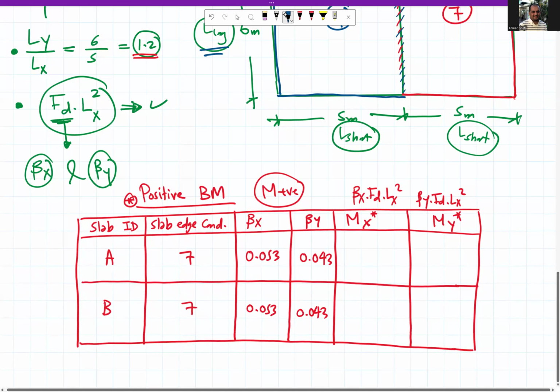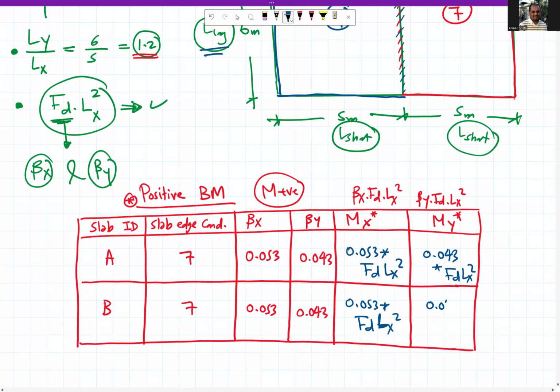What you would do next is multiply this factor times FD Lx squared, and this is the same value, so no need to repeat. Here also 0.043 times FD Lx squared. Then you find the positive moments on these two bays.